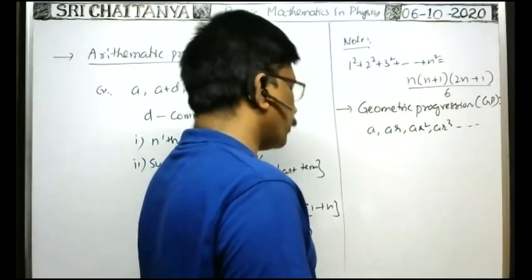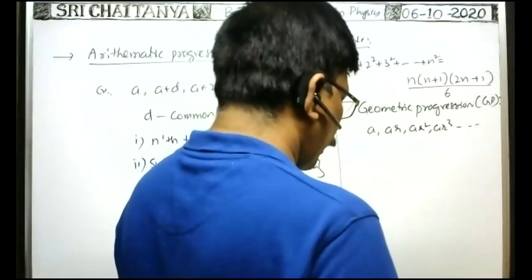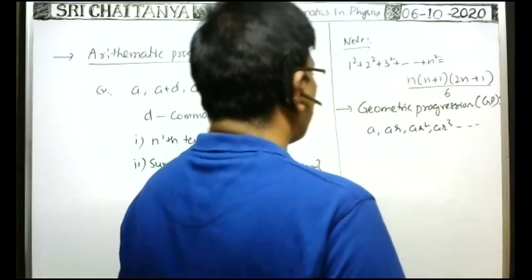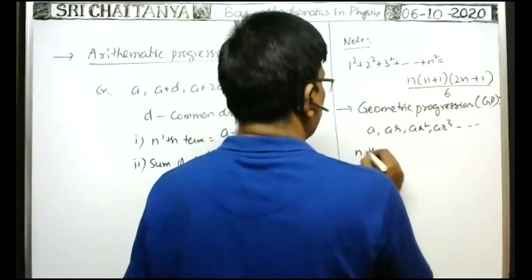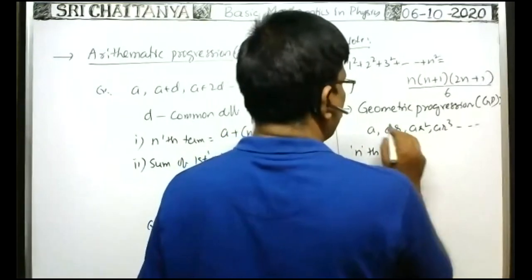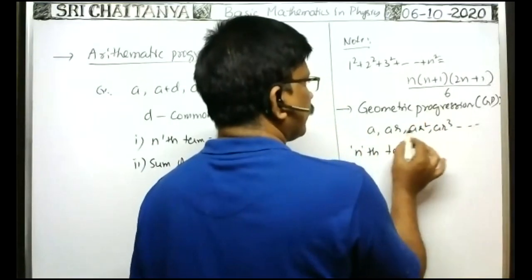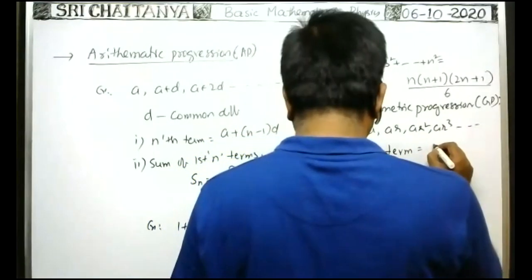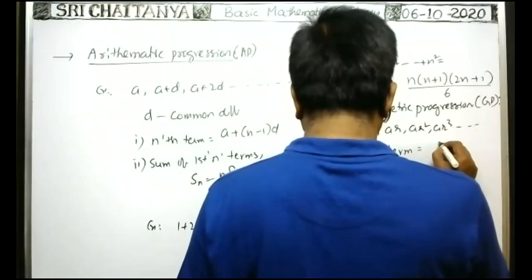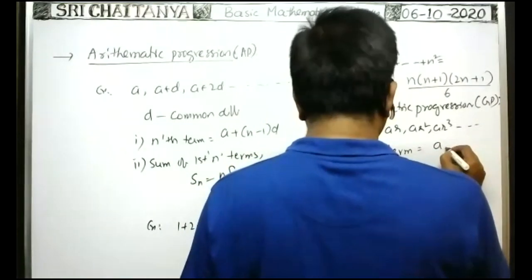When these are in geometric progression, what is the nth term in GP? First term, second, third, fourth, up to the nth term. The nth term is equal to first term A into common ratio.